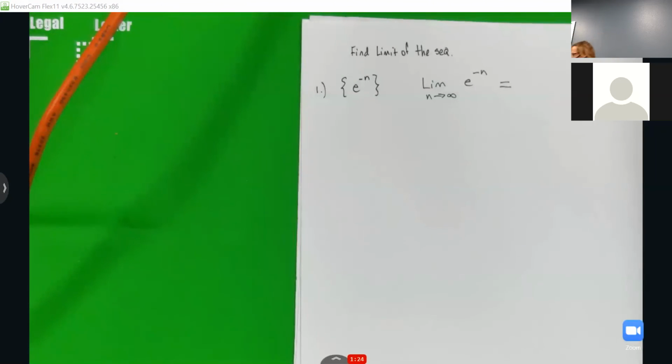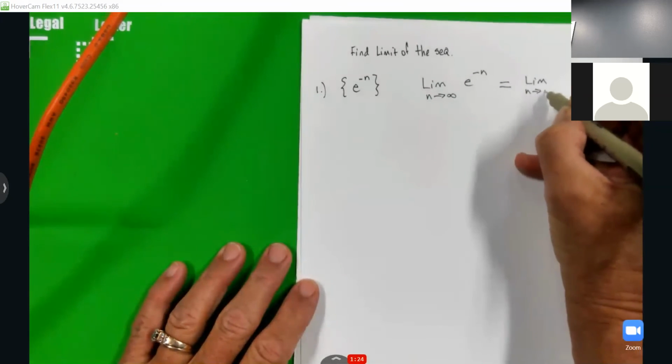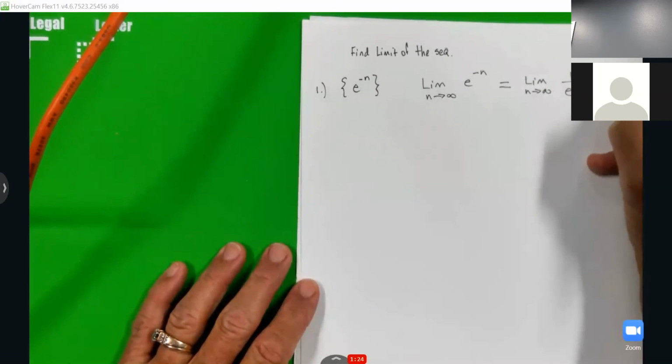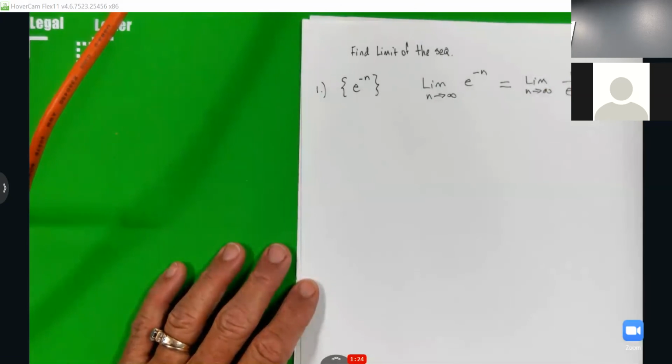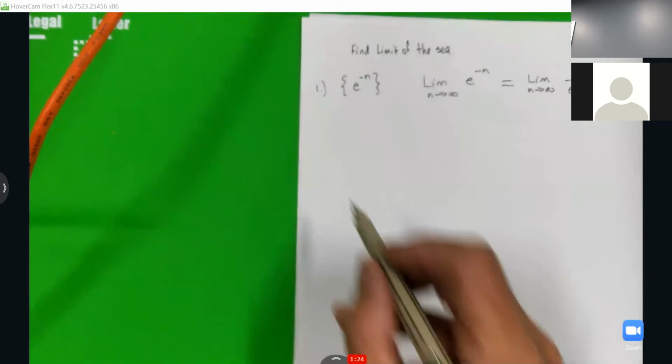Zero, right? Because it behaves as what over e to the n? So the one's a constant, that doesn't grow, the e to the n does grow. So that limit is going to be 0. All right.